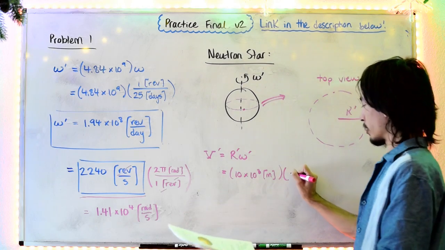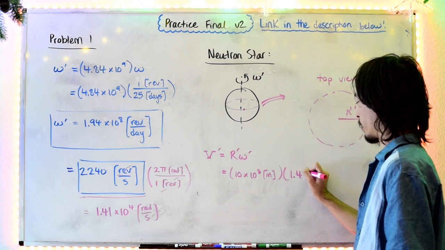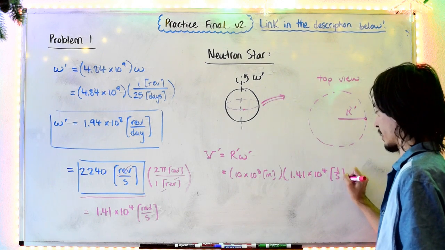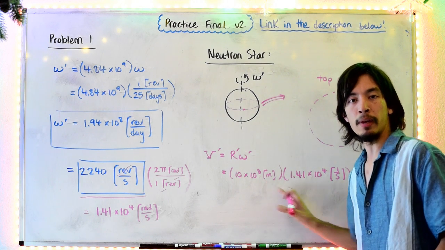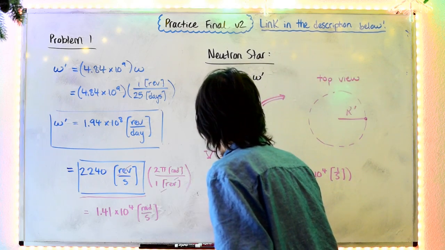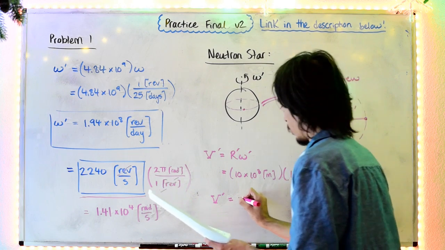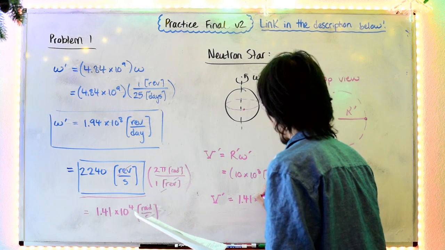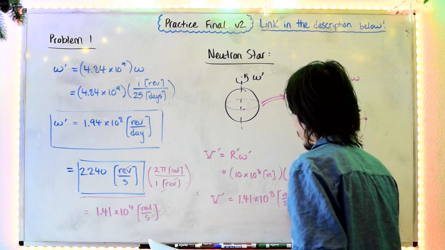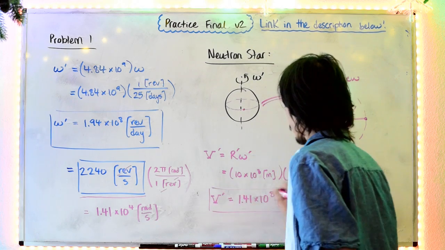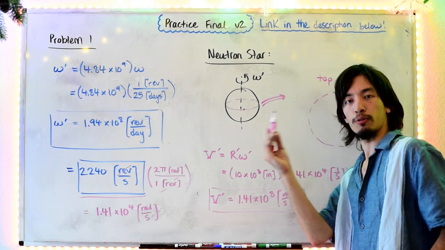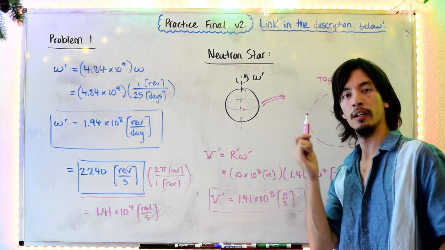Put that into here, 1.41 times 10 to the fourth. I'll ignore the radians, so it's 1 over seconds. The units will be meters per second here, and that speed that you get is 1.41 times 10 to the 8th meters per second. This is how fast that point revolves around the equator of the star.